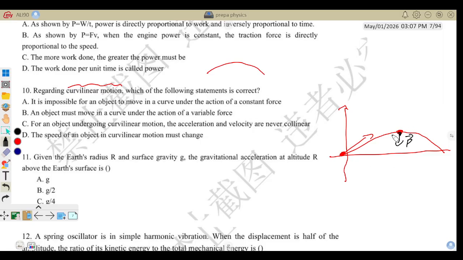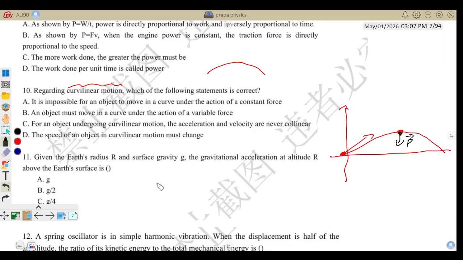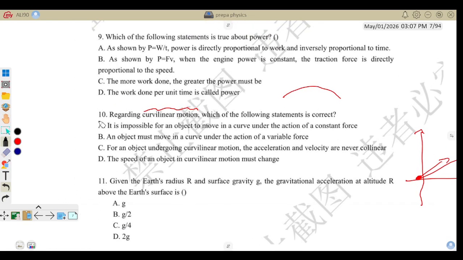The weight of this projectile is the only force acting while it is forming this curvilinear path. So for A, we cannot take it as a good one. It is possible for an object to make a curvilinear motion under a constant force.